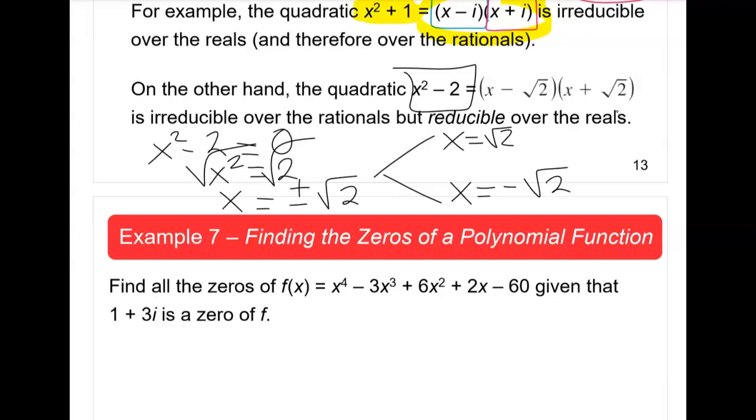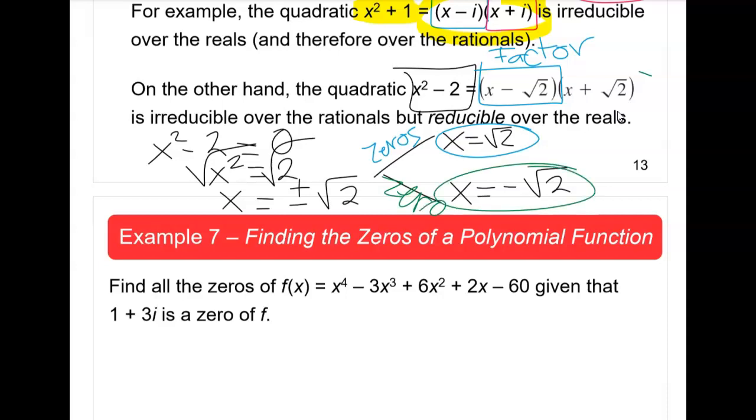So again, from this positive square root of 2, these are the zeros. We get the factor that you see here. And from this other zero, the negative square root of 2, we get this factor, x plus the square root of 2.